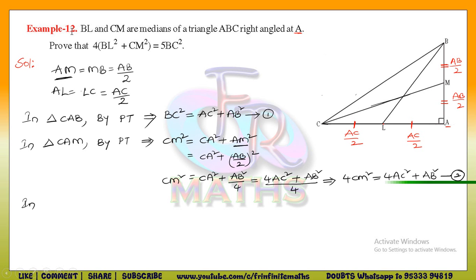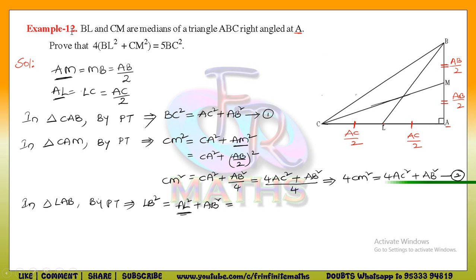The same way, if I consider the third triangle, what is the third triangle? LAB. So in triangle LAB, again by applying Pythagoras theorem, what is the hypotenuse? LB. So LB square is equal to AL square plus AB square. Already we have written the value of AL.